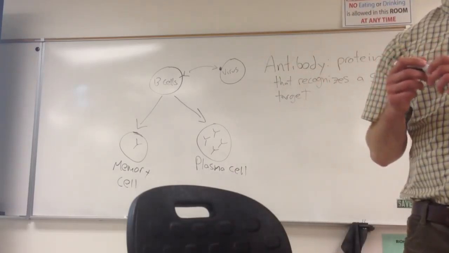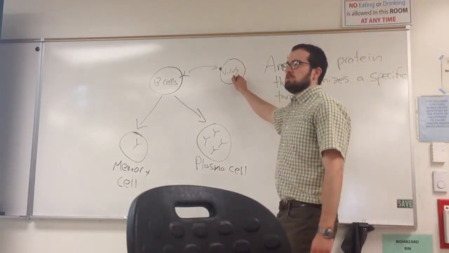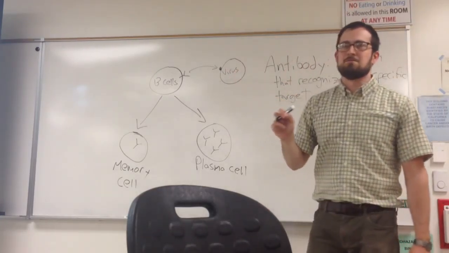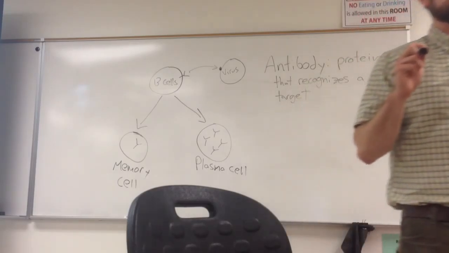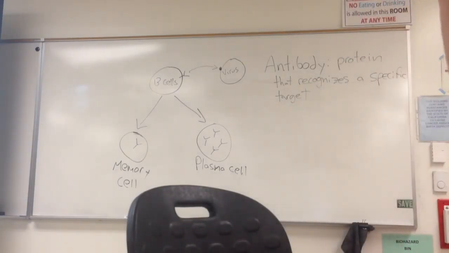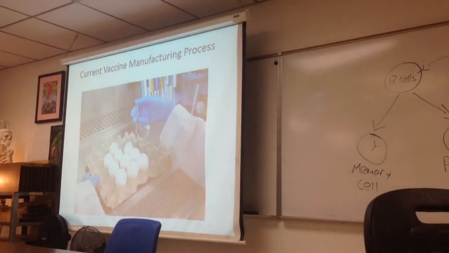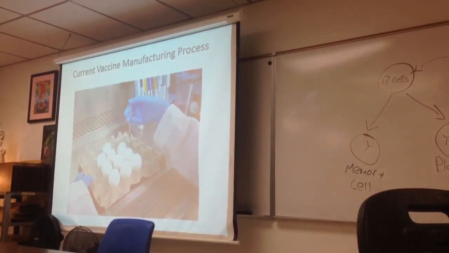And so with a vaccine, instead of infecting you with, say, a live flu virus, which would not be a good idea, as nobody likes the flu, what we do is we take flu virus and we actually grow them. So the common way of doing this is kind of creepy.